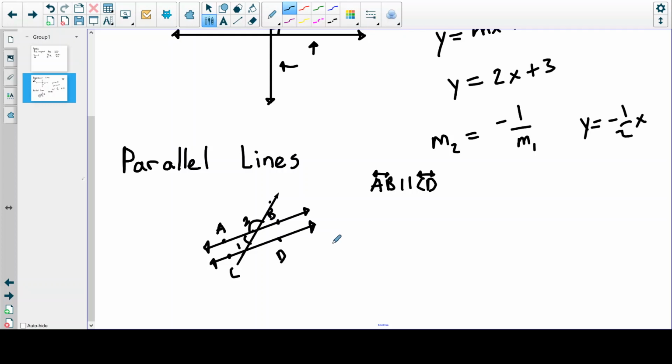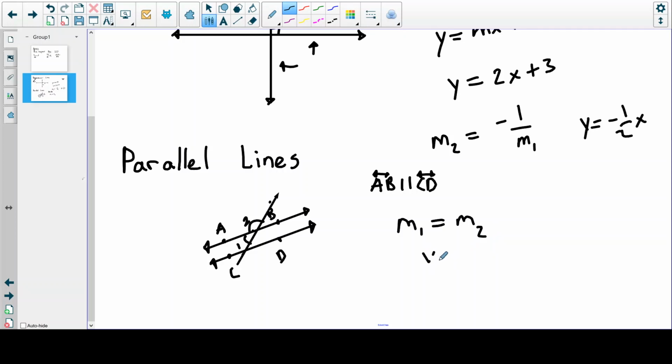Parallel lines really help us figure out an angle on this side of the parallel line and an angle on that side, and shapes and other things like that come into play when you start working with parallel lines. But the key thing slope-wise, which we'll cover in this video, is that the slope of one parallel line is equal to the slope of another parallel line. The only thing that would change is the y-intercept.